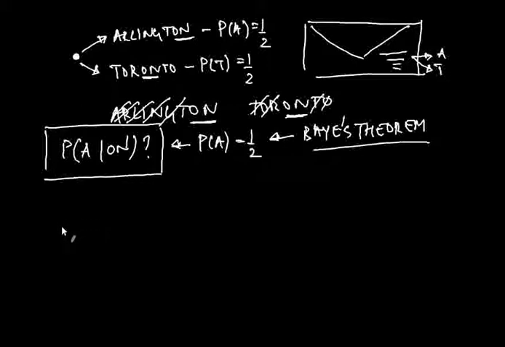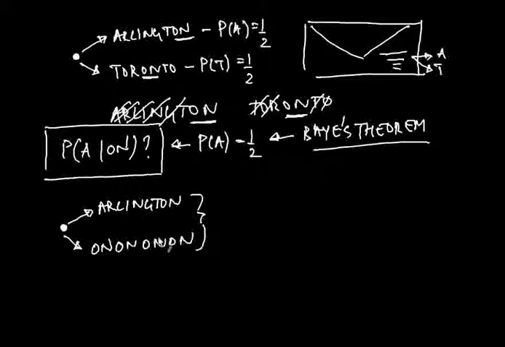So let's suppose it's not Arlington and Toronto that the letters come from, but Arlington and another city called ONONONON. Let's suppose this is not a real city, I've just made this name up, but let's suppose these were the two cities you were expecting to get a letter from with equal probability. Now, if water is going to fall on the envelope, and if ink is going to get washed away, then with which of these two words do you think it's more likely that the only two characters you can now see are ON?